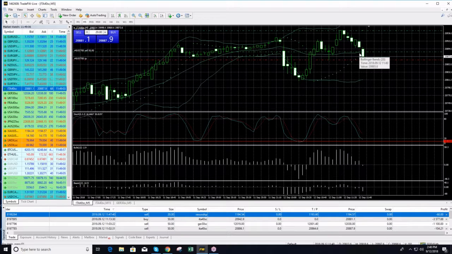You see on Italy 40, for example, now the downtrend is quite clear. We put our take profit, but I see that the downtrend is coming close to a reversal. Here at this level, it's the reversal, and if it doesn't reverse in this level, it will reverse in this level.